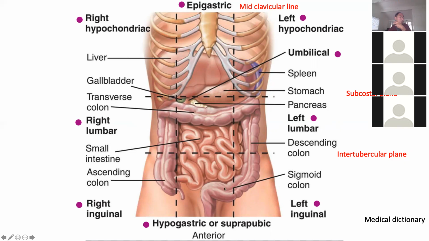We call it sigmoid colon, and finally become rectum. Rectum means straight. So here they have drawn the rectum slightly straight, but rectum is not 100% perfectly straight. It is slightly curved as well. So rectum, and finally comes out as the anal canal. So that is the arrangement of these.